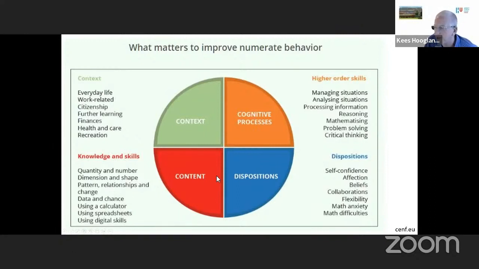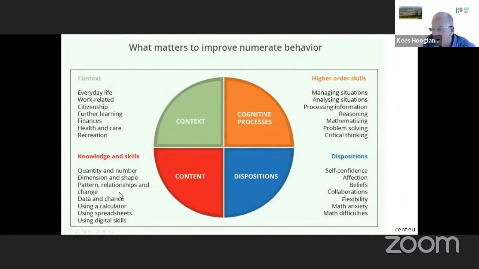But just as important is the context in which you do those numerate activities: in everyday life, in work-related things, in further learning, but also on themes like finance and health, which is a very important part where you use a lot of numeracy.